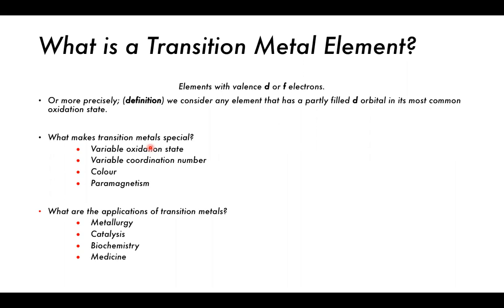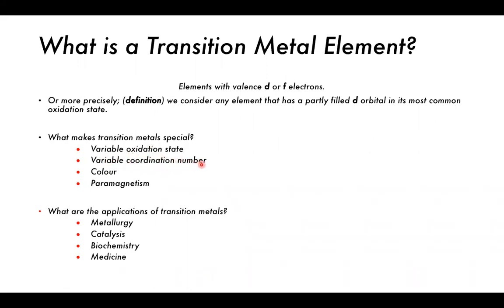Usually there are many different accessible oxidation states, many of them around the +2 to +4 range, but it's possible to have other oxidation states, all the way up to, for example, +7, +8 for different metals.